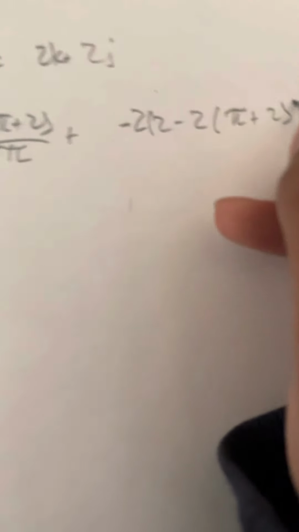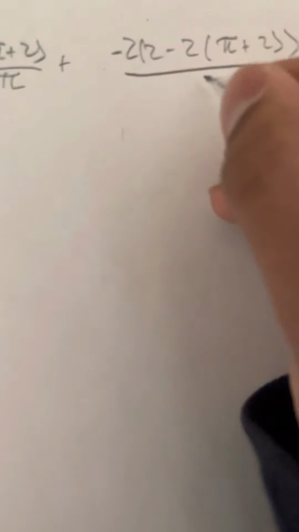And since we're also multiplying it by -2, or multiplying it by 2j, we can just put the negative sign in front of this 2 instead of the actual equation, which would give us 2 minus 2 pi plus 2 over pi.